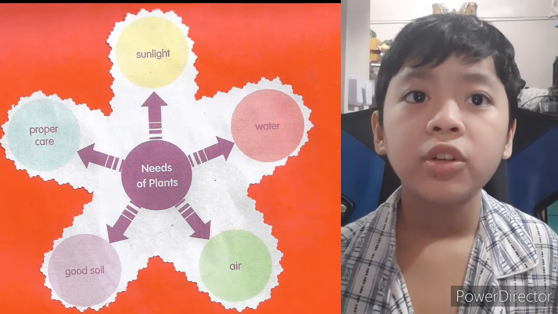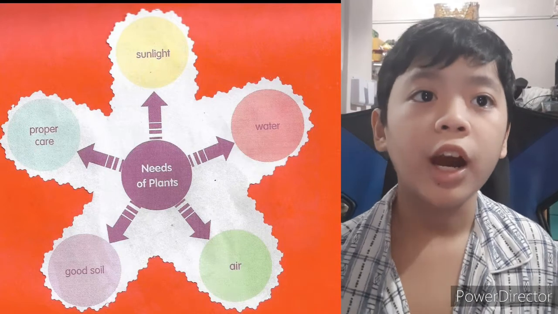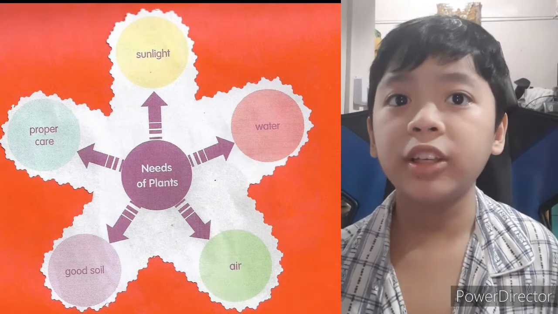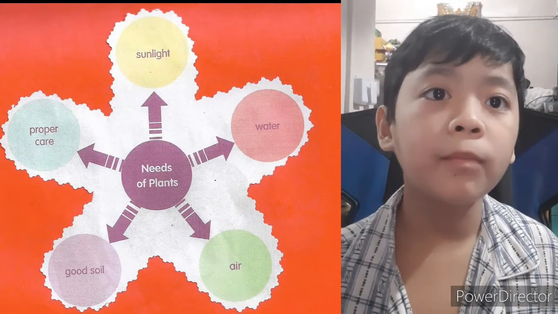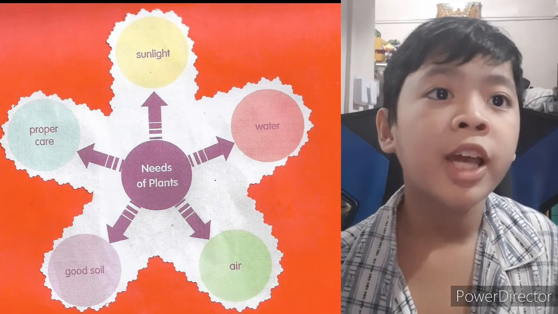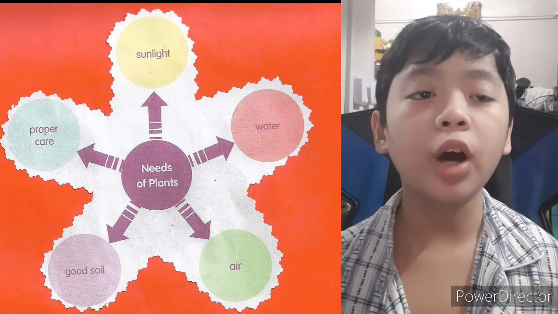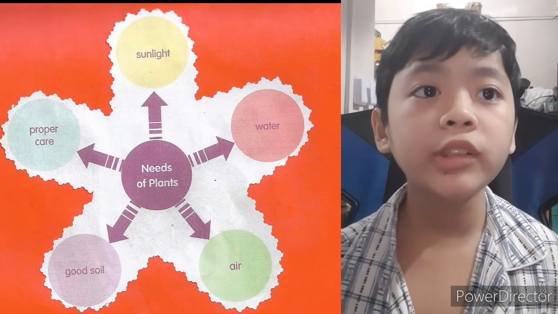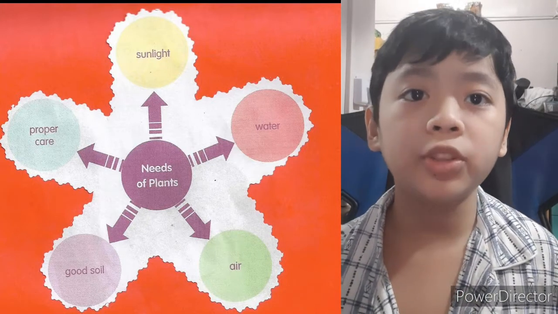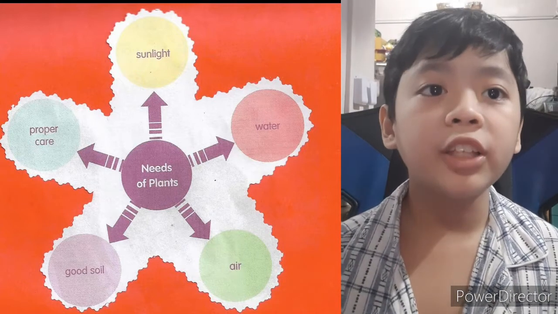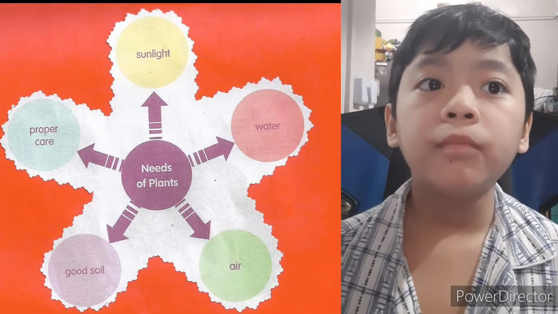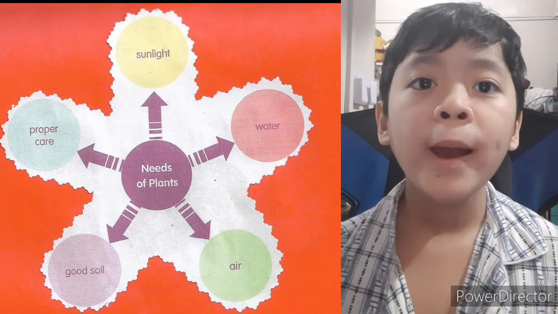This food is called glucose, a kind of sugar that is produced from combining carbon dioxide and water. Using sunlight, the process gives off oxygen, which people and animals breathe. Water and sunlight also keep the leaves of plants healthy.